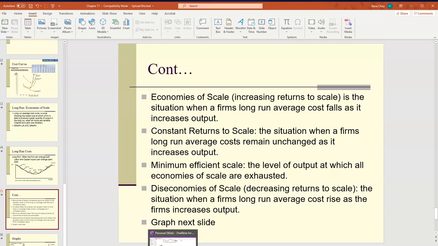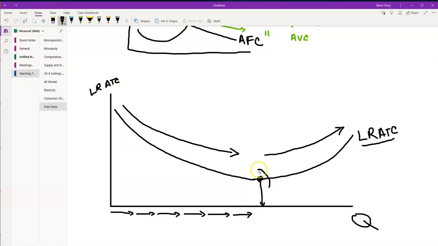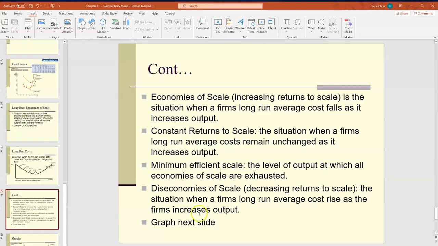So minimum efficiency scale is this point here where you have exhausted all of your economies of scale. And then you enter diseconomies of scale, or what we call also decreasing returns to scale. This is a situation when a company tries to continue to grow and it actually gets more expensive the bigger they are.